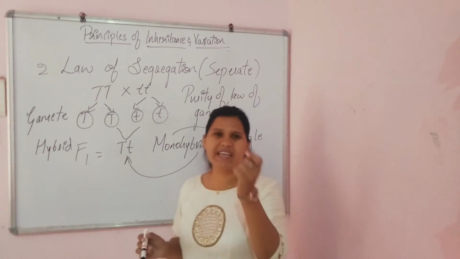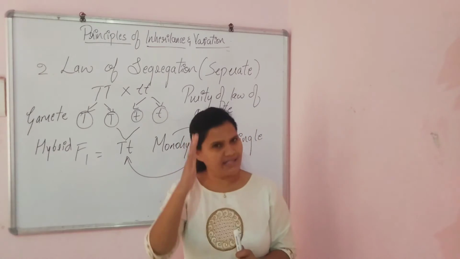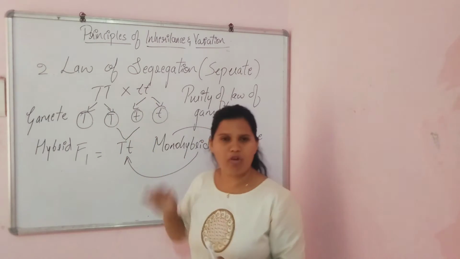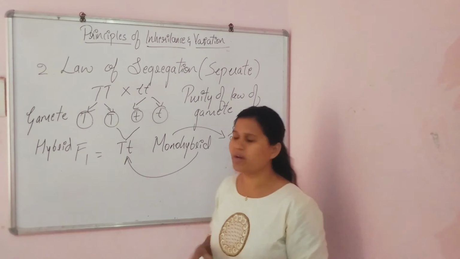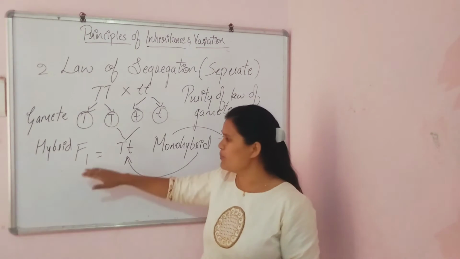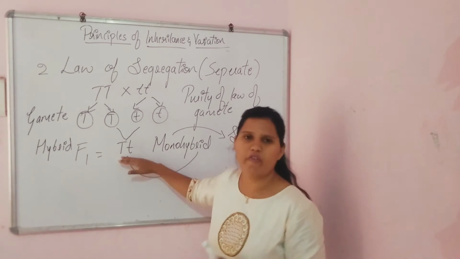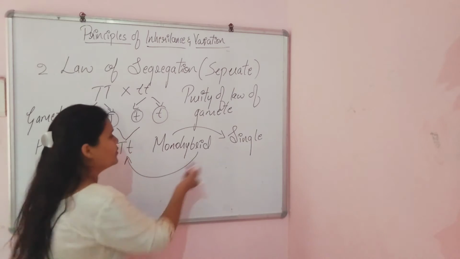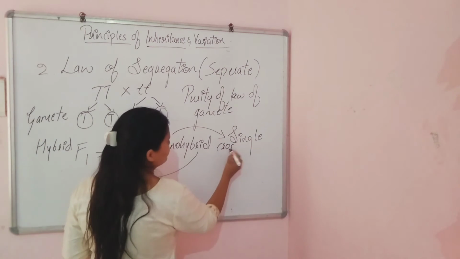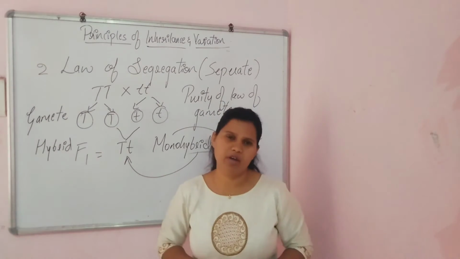Which character have we taken here? That is the height, where tall and dwarf are the traits of height. So a single character is present in this offspring. That's why it is called the monohybrid, and this kind of cross is called the monohybrid cross.